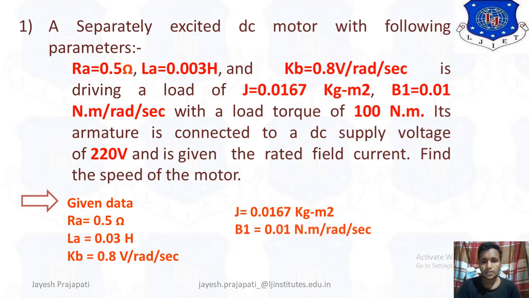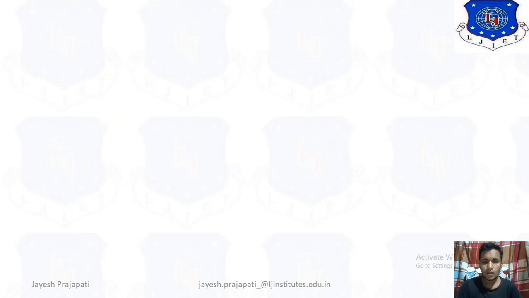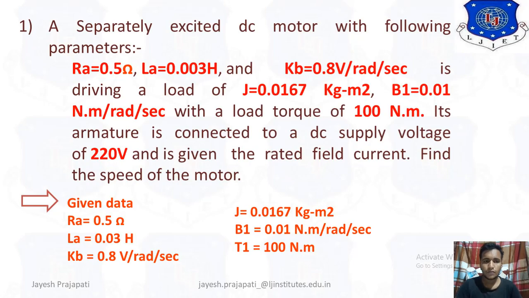Then B1 is equal to 0.01 Newton meter per radian per second. Then load torque T1 is equal to 100 Newton meters. So that is the given data. Now we have to find out the speed of the motor, that is, the speed omega m.